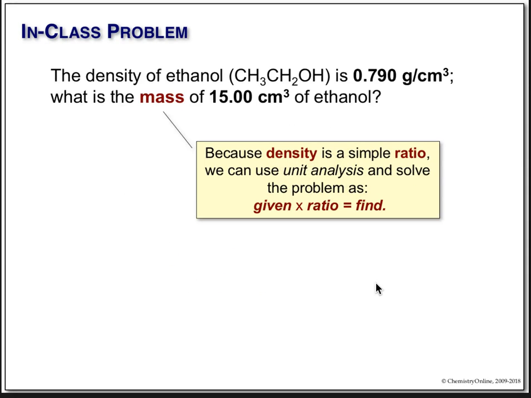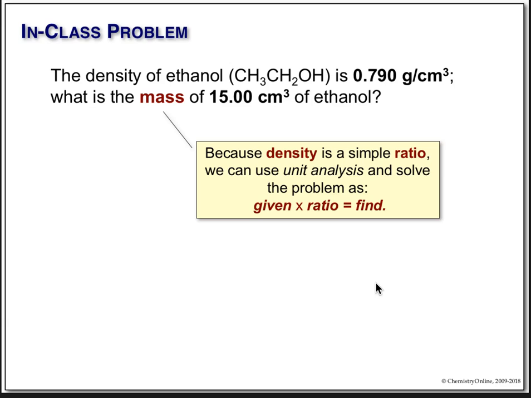The density of ethanol is 0.79. Ethanol is the alcohol of consumption. We have 15 mils of it, and we want to know how much that weighs. Instead of just using our density formula, what I'm going to do here is use given, ratio, and find. We are clearly given that we have 15 cubic centimeters of ethanol, right?